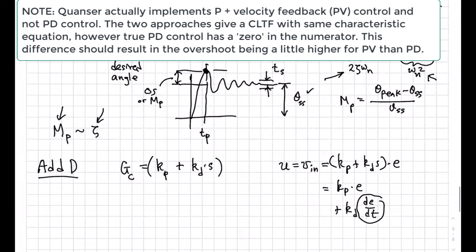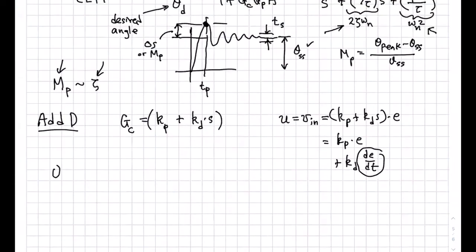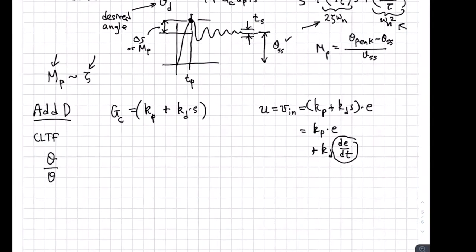Okay, and the way you can see how that is true is you can derive the closed loop transfer function, which is again GC GP over 1 plus GC GP H. When you plug everything in there, I'm going to just show you the end result, cleaned up.